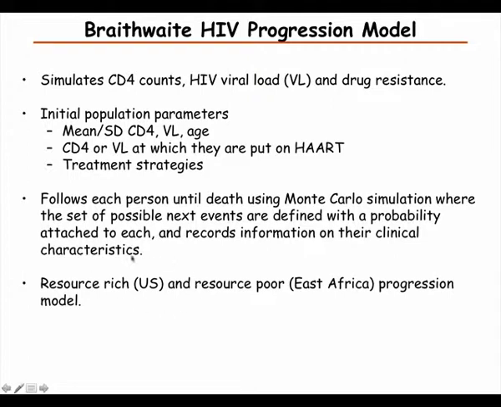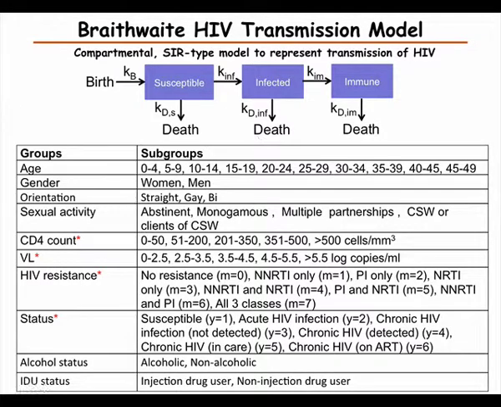And so you can do the simulation, of course, in a resource-rich environment or in a resource-poor environment. Then this progression model feeds into their transmission model, where people are born with a certain probability and then a certain rate, and as soon as they're born, they're susceptible to being infected.